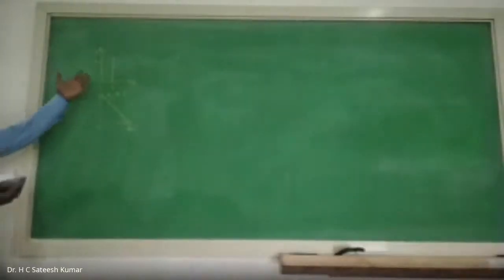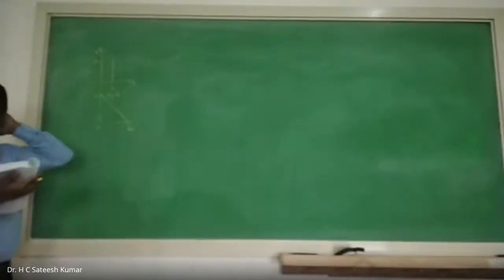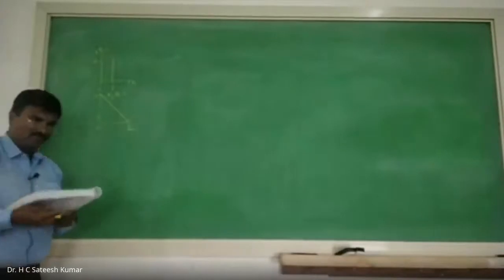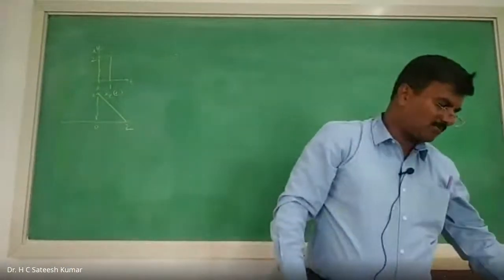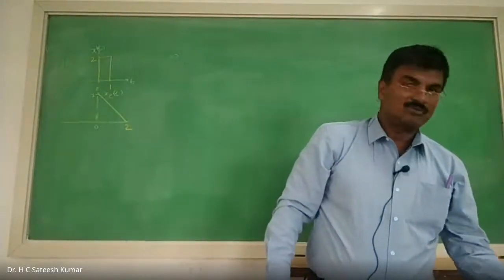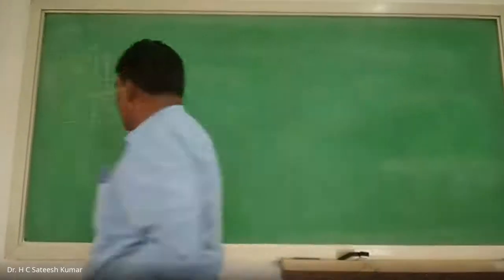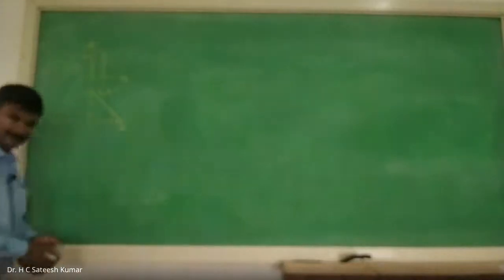See the question. Half the signal is given. Why is it difficult? I have seen that in the year 2005, when I evaluated around 500 papers, only 10 students completed this problem. 490 students didn't complete the problem. The question is like this.